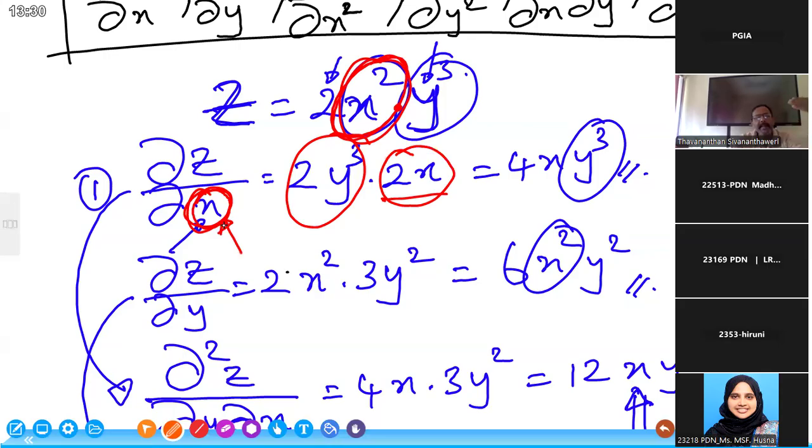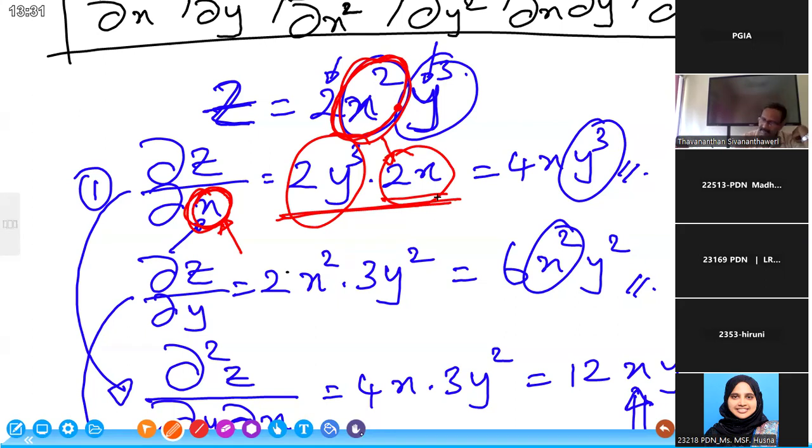What is the derivative of x square with respect to x? We are differentiating only x square, so it is 2x. Okay, so you got it: we are differentiating only x square because the rest of the components are treated as constant, multiplicative constants.